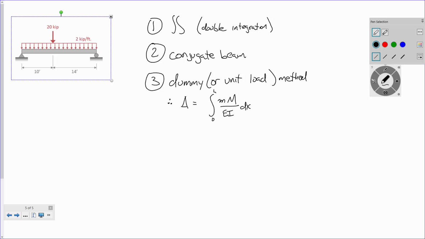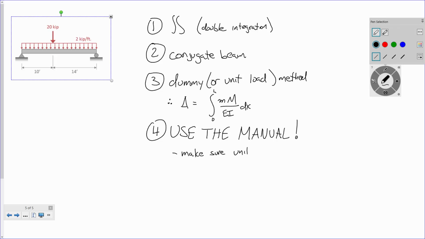Now this doesn't have a bunch of discontinuities, but it's enough that I think there's probably a much simpler way to do it, and that is use the manual. Okay. There are beam deflection formulas in the manual. My only note that I would make is make sure units are compatible.